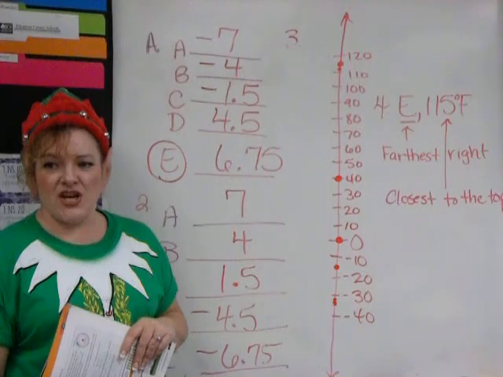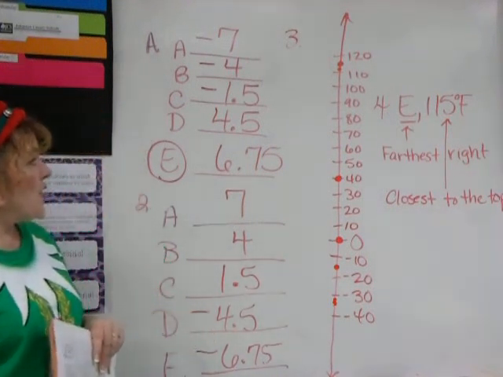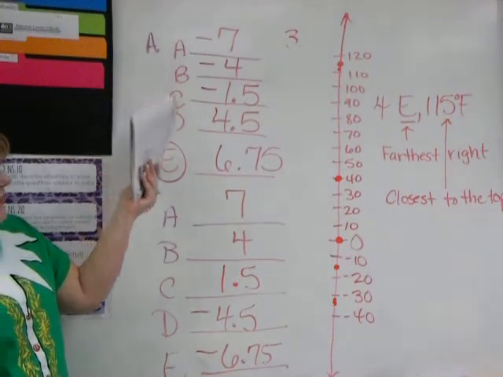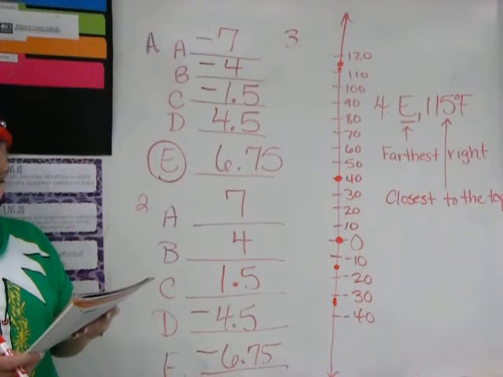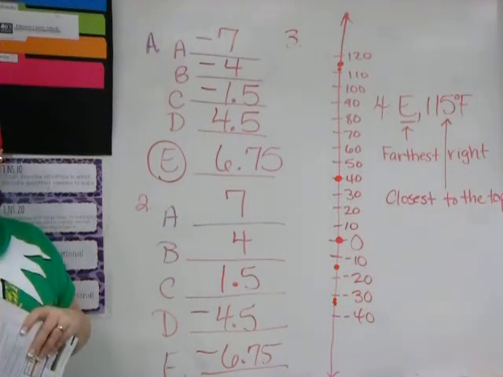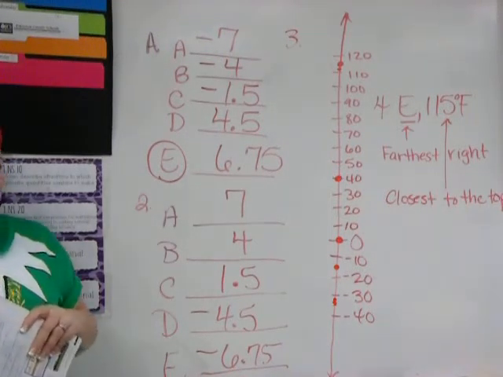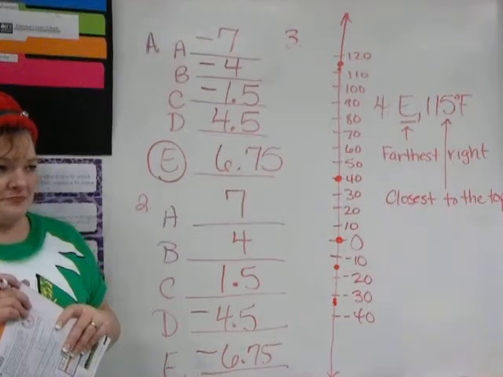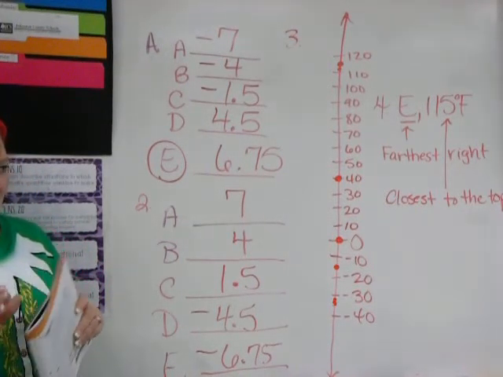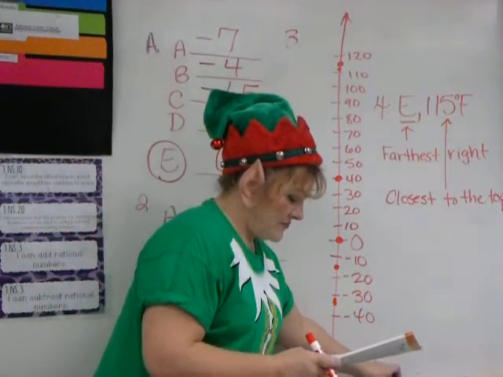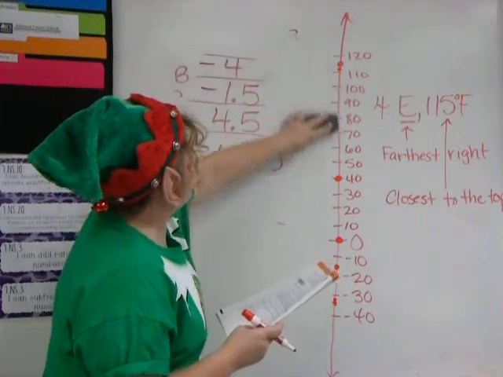And that's how we use number line and position to find the greatest number in number 1 and in number 3. Any questions about A before I erase it? Go ahead and draw another number line for B.